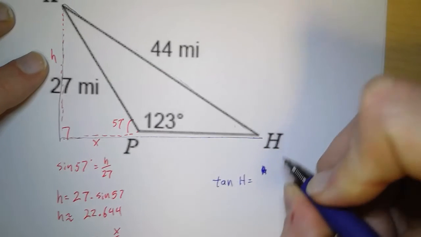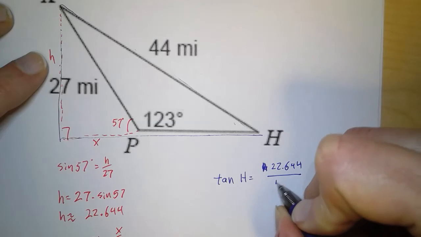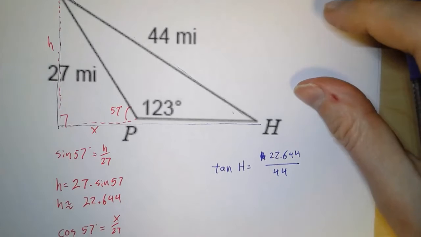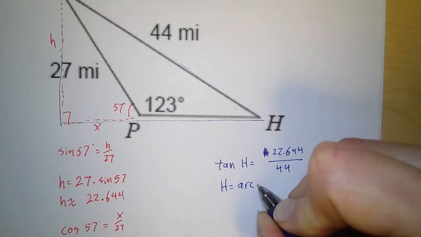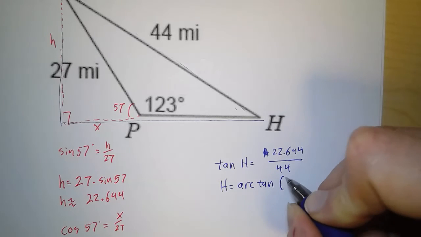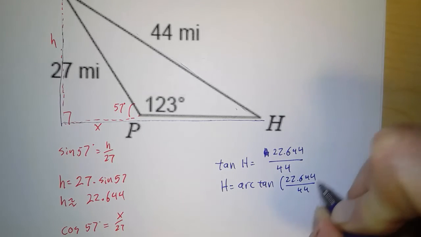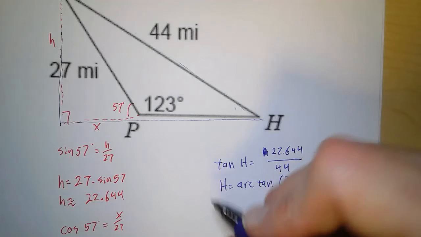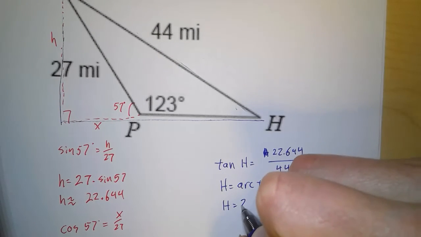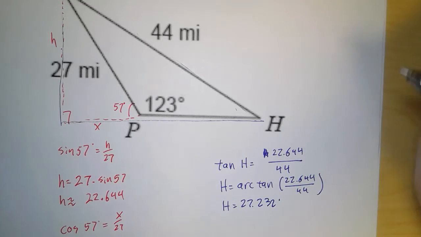We know the height: 22.644 over 44. So if I want to solve for the angle H, that's just going to be arctangent of that ratio, 22.644 over 44. And we get an angle for angle H of 27.232 degrees.